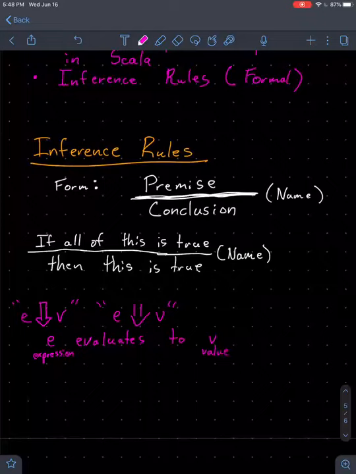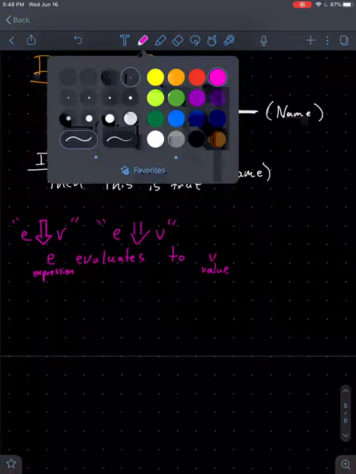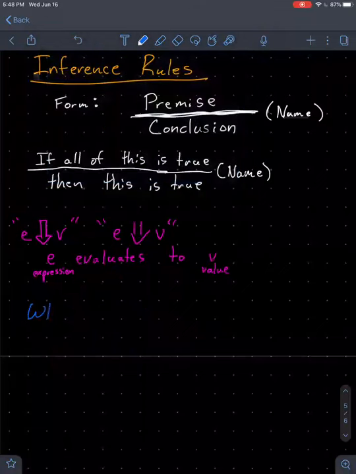Have we defined values yet in our language, like what the outputs are? Not yet, so we can do that really quick. What would we expect our values to be for arithmetic?